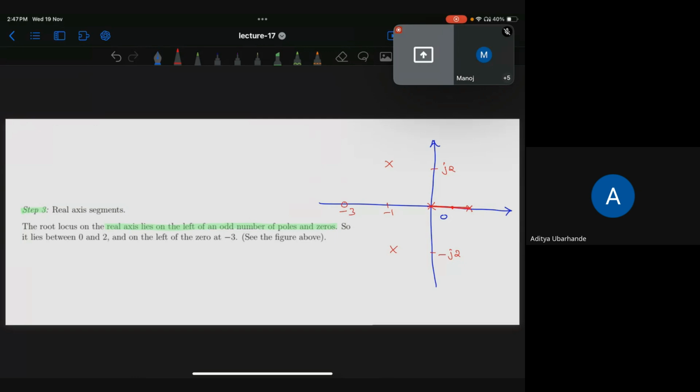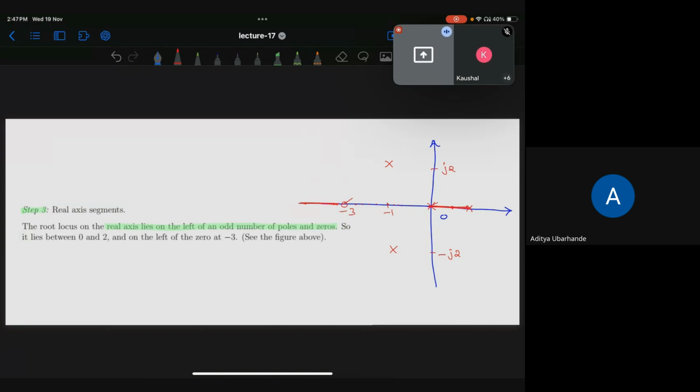Whereas if you consider any of these points, the number of open loop poles and zeros will be even, hence the real axis segment between minus 3 to 0 is not part of the root locus. If you consider any of these points, the total number of open loop poles and zeros is 5, hence this is part of the root locus.